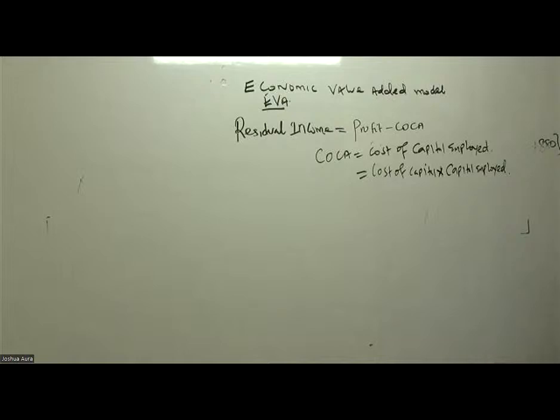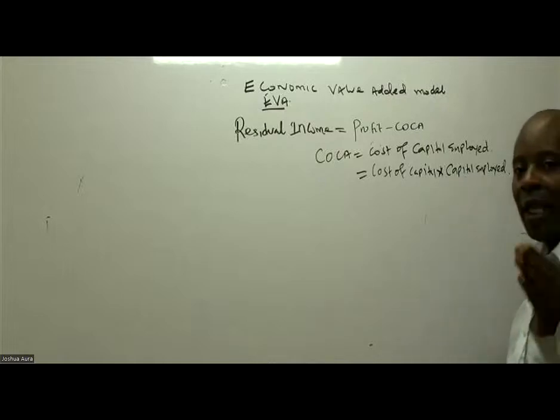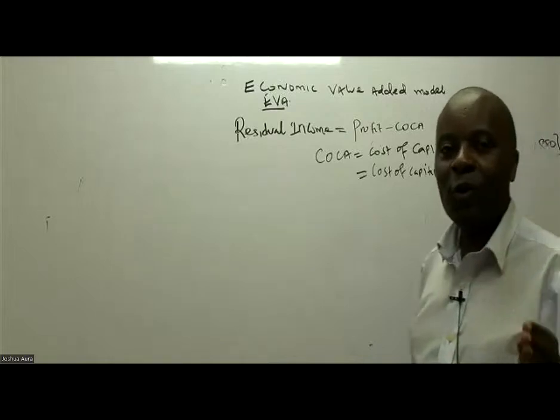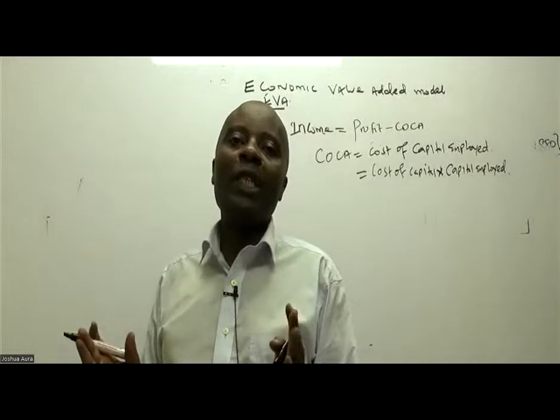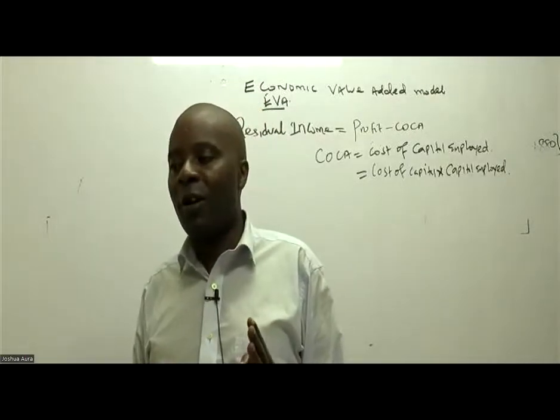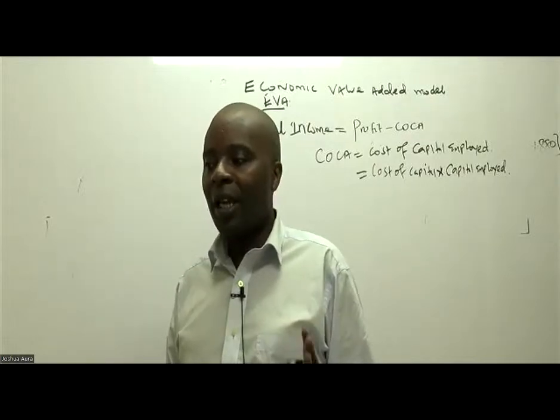Because we look at how much capital was employed at the beginning of the year, and this capital was able to deliver what result in form of profit, right? So it is cost of capital times capital employed.